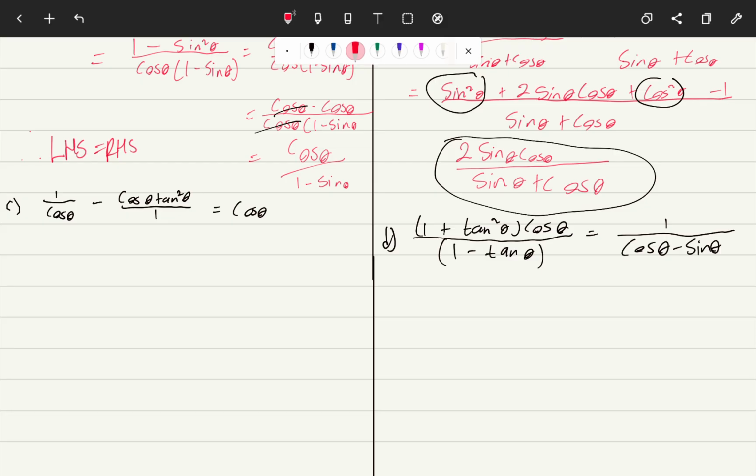So cool. So let's do number C now. I will do, of course, the left hand side.